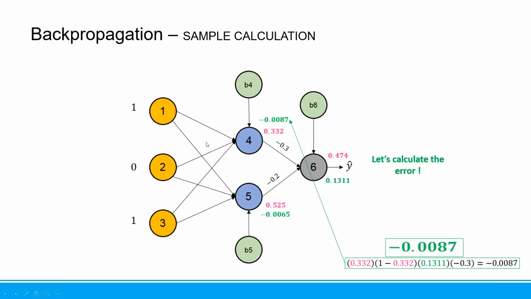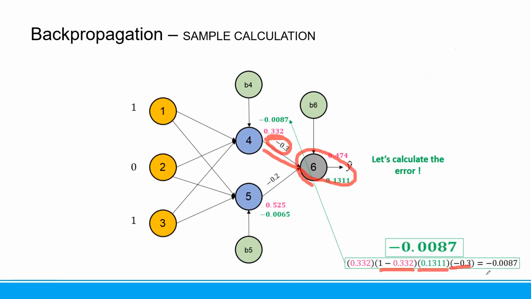We can do the same for unit 4. In unit 4, we have 0.332 multiplied by 1 minus 0.332, multiplied by the error from unit 6, 0.1311, multiplied by minus 0.3, which is the weight.